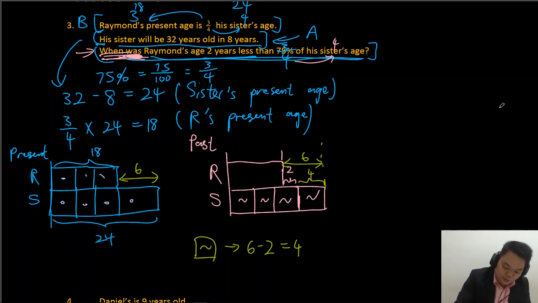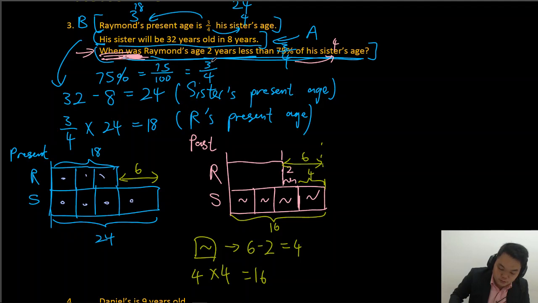Okay, so what else do we know from here? We can find out the sister's age. The sister was 4 times 4 years old, 16 years old. When was Raymond's age?